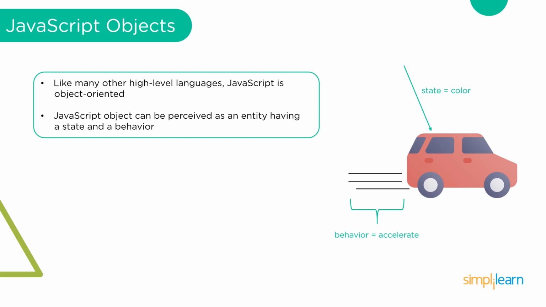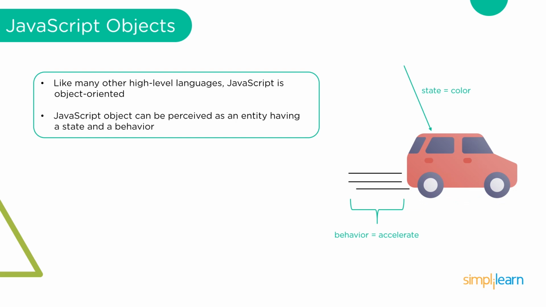This object will certainly have some state and behavior associated with it. If we take the example of a car, a car will have a color, mileage, and tire pressure. Behaviors are things like accelerate and other aspects.